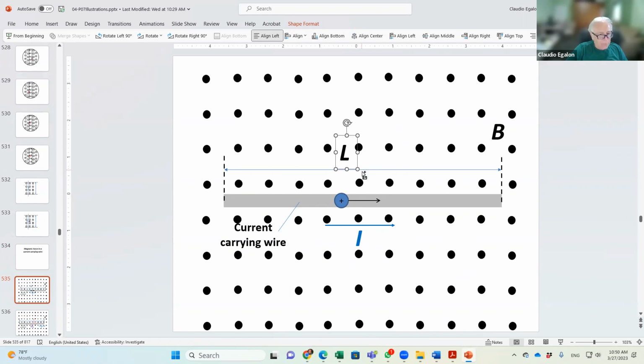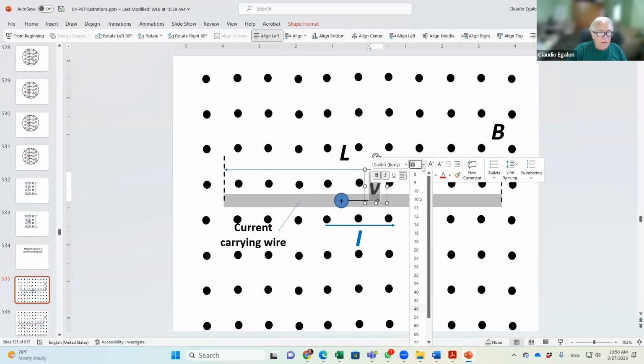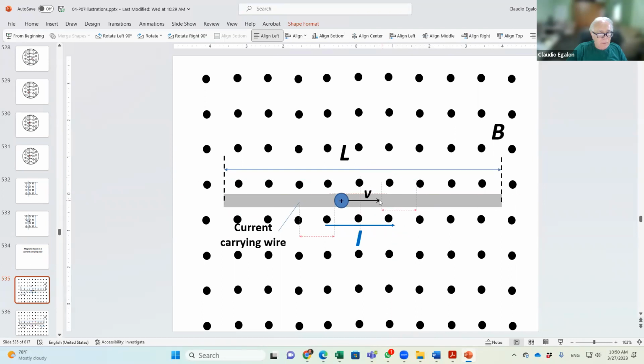And again, like that. If we apply a magnetic field in this direction, right? And well, add one more slide, just like I have been doing.